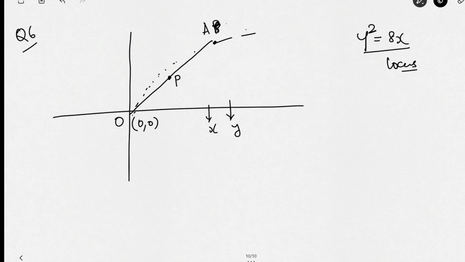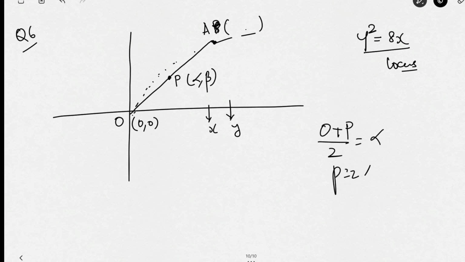All right, so let's take this as alpha and beta. If this is the midpoint, what will be the point A? That's very obvious. We can say 0 plus some number like P over 2 is alpha, right? So P is 2 alpha, and this is 2 beta. And this point will satisfy this y square equals 8x, right?